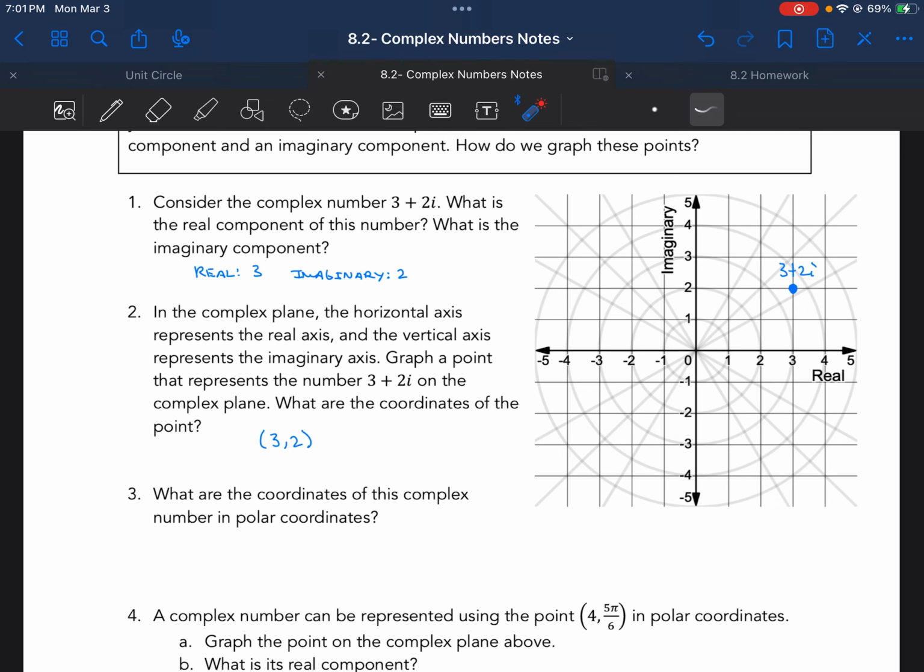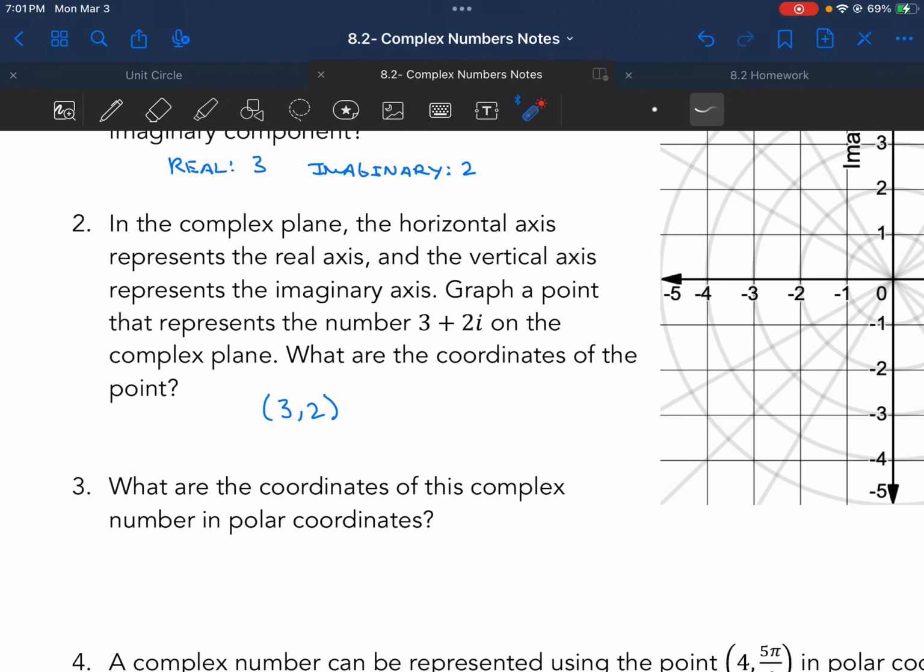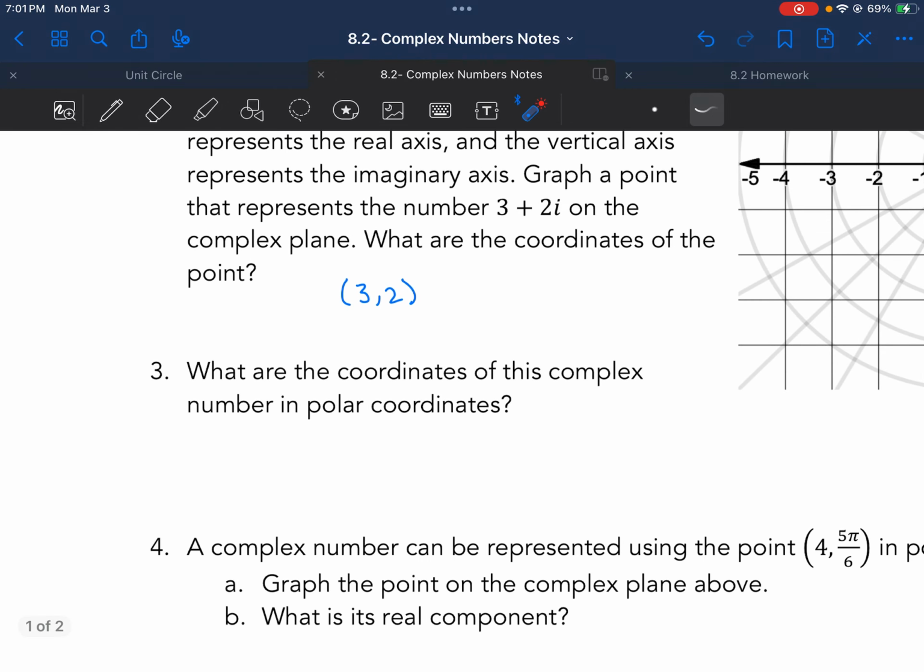So we learned previously how we can convert from rectangular to polar coordinates. So we know that we need to find r and theta. So r is going to be plus or minus the square root of the first component squared plus the second component squared, 3 squared plus 2 squared.